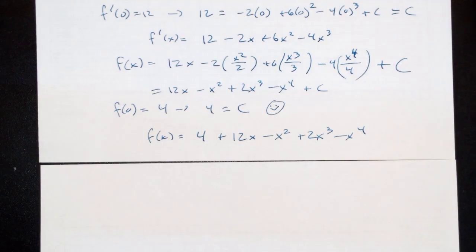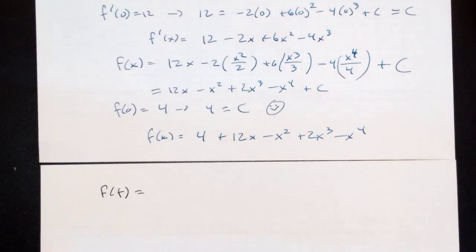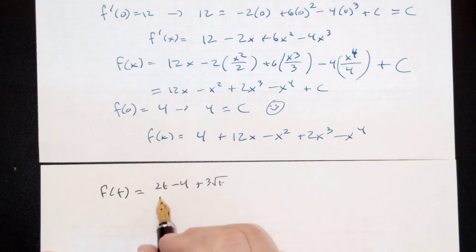Okay. So 15 says I am looking for the antiderivative of little f of t is 2t minus 4 plus 3 root t all over root t. Well, first of all, roots are powers.